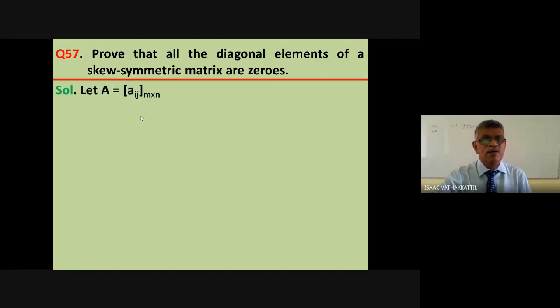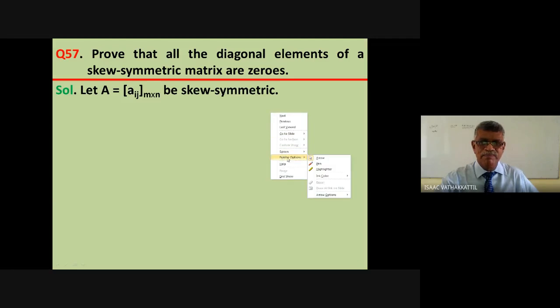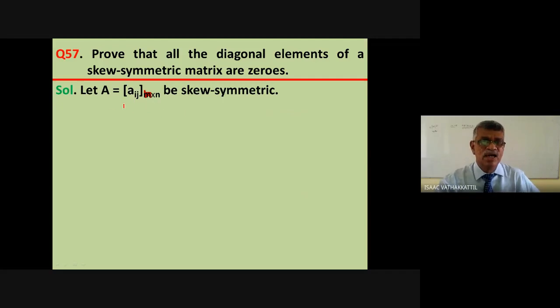Suppose A equal to aij, actually it is n by n, be skew symmetric. No need to keep m by n, you can keep n by n. It is a square matrix. What happens when it is skew symmetric?